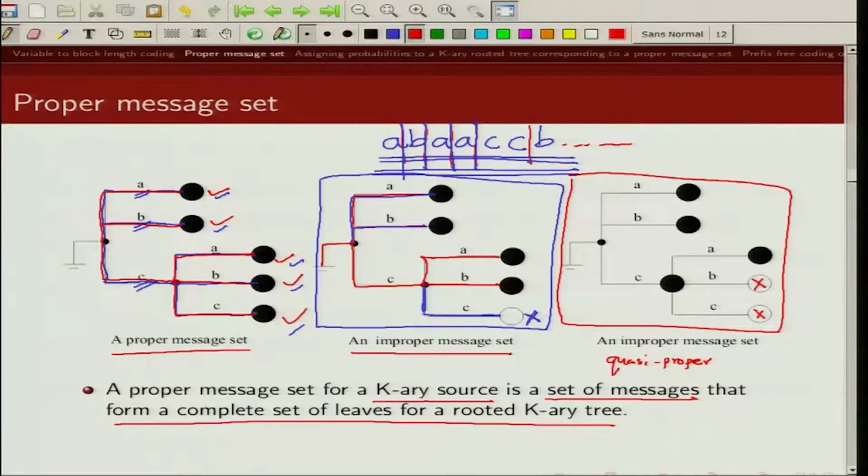Let's look at it. So if I get an A, that's where my one boundary is. If I get a B, that's one message boundary. If I get a C, note, I will look at what comes after C. If A comes, I will use CA, that's my message boundary. If B or C comes, I will just use C. So if you look at this particular example, if I get an A and I use this message set, this is my message boundary.